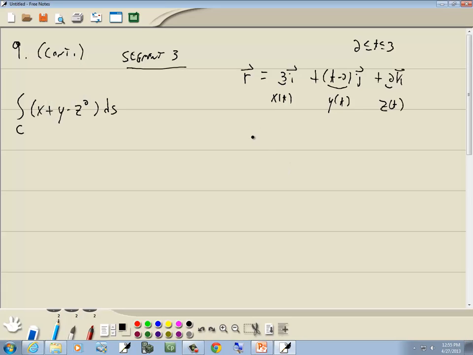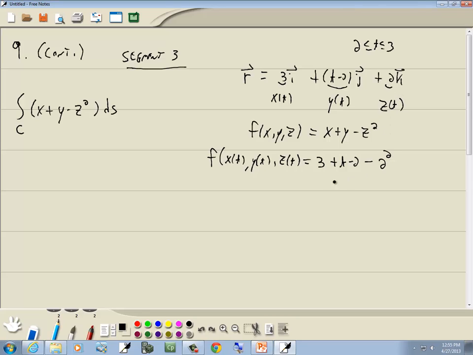First off, our function f of x, y, z is equal to x plus y minus z squared. And then we want to plug in what we just identified, our x of t, our y of t, and our z of t. Now x was 3, so I'll put that in for the x. Y was t minus 2, so plus t minus 2, minus z, which was 2, squared.